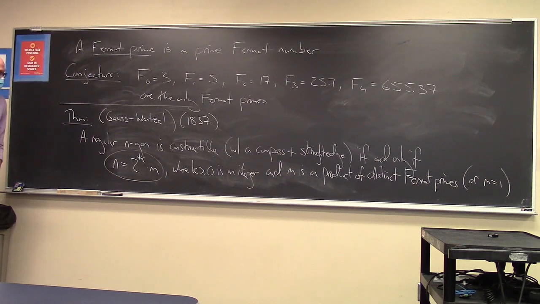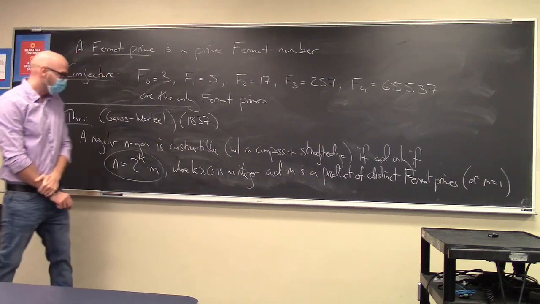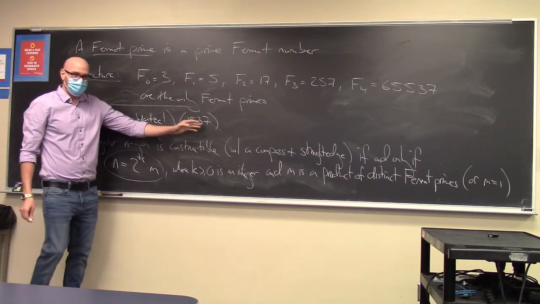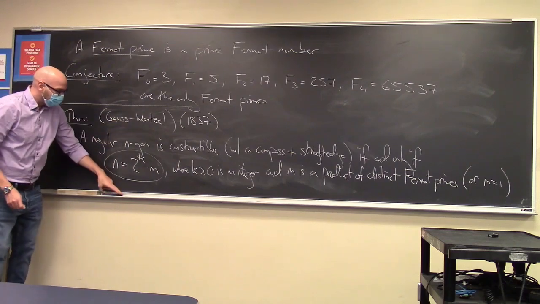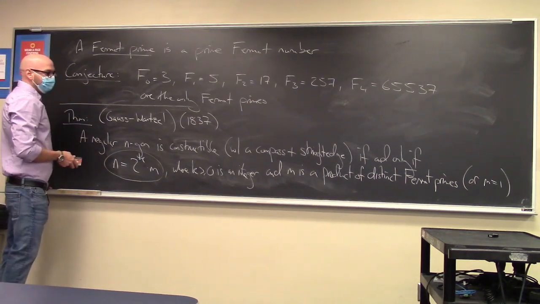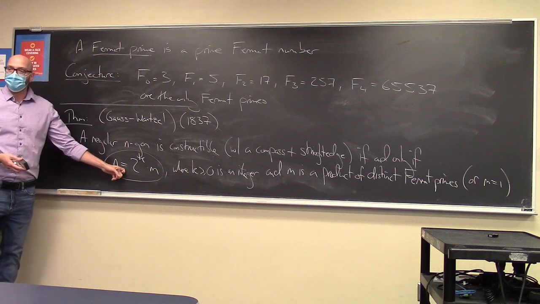He also claimed it was a necessary condition, which is the whole theorem here, but he didn't provide a proof for the necessary part. I think a lot of people took him at his word, but it wasn't until 1837, quite a while after, that Pierre Wantzel came along and proved the necessary part. And this completely answers our question of which regular n-gons are constructible, if they're of this form.